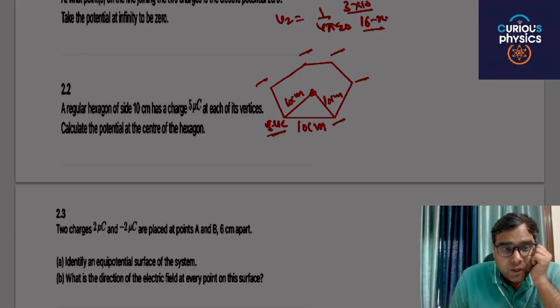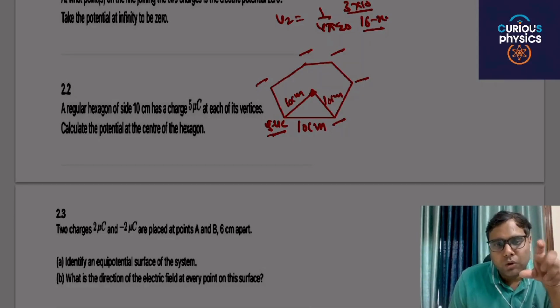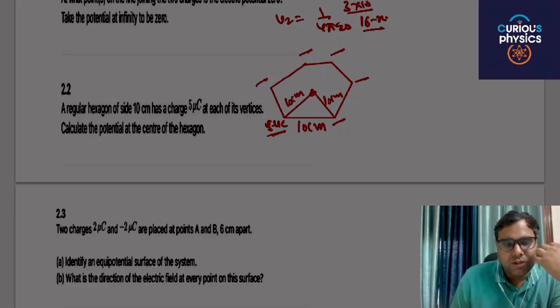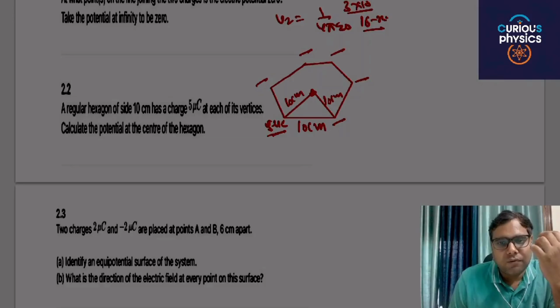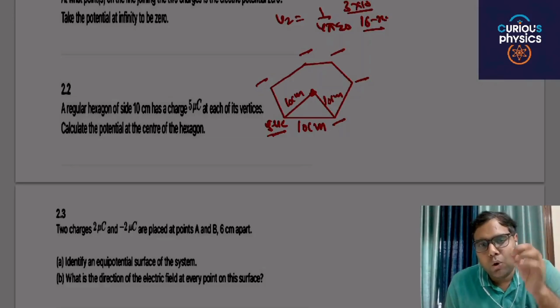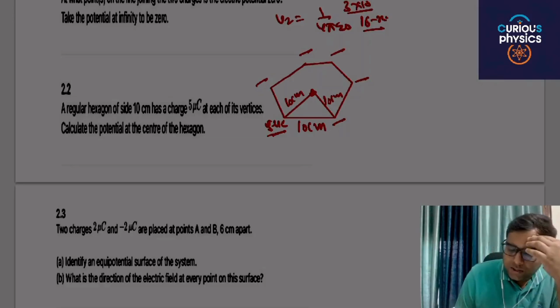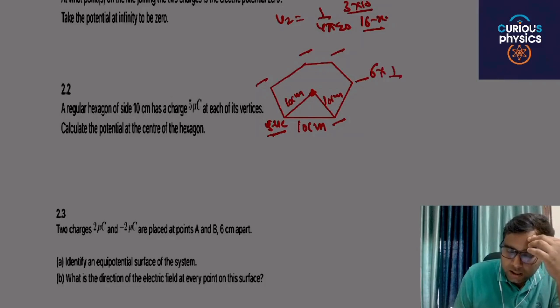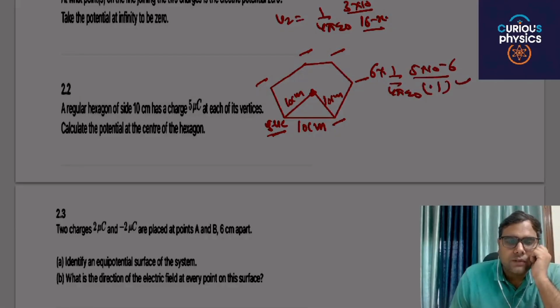Potential is a scalar quantity, so you just add the potentials from all the vertices algebraically, as all charges are positive. So the answer will be 6 into 1 by 4 pi epsilon naught, Q is 5 into 10 raised to power minus 6, divided by R 0.1. This will be your answer.